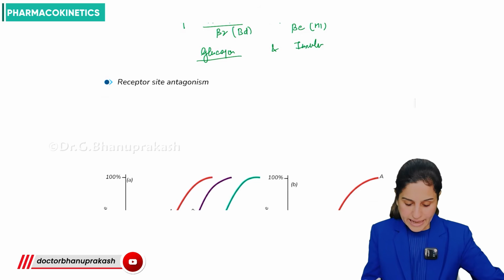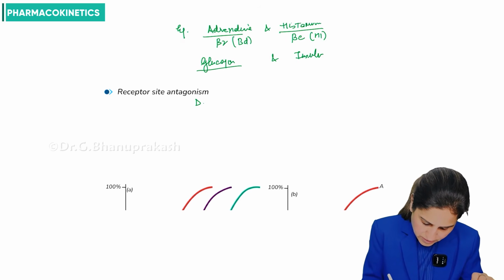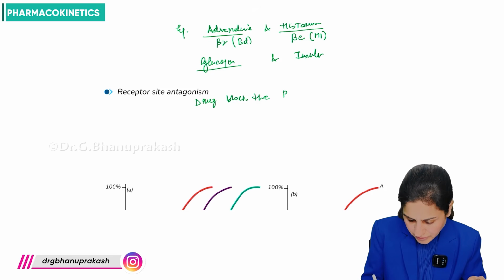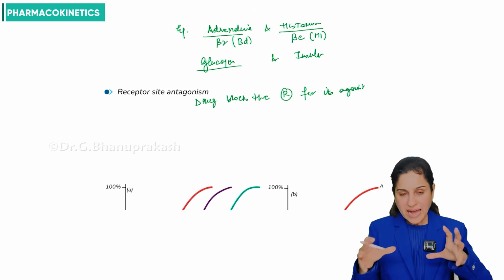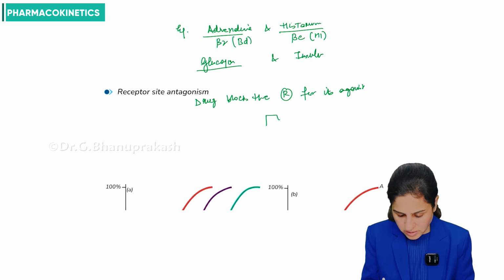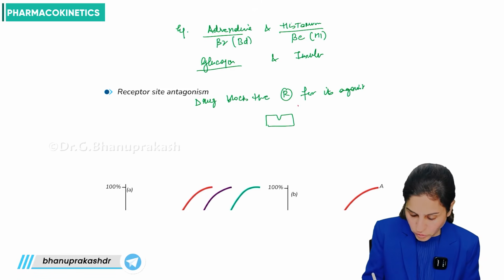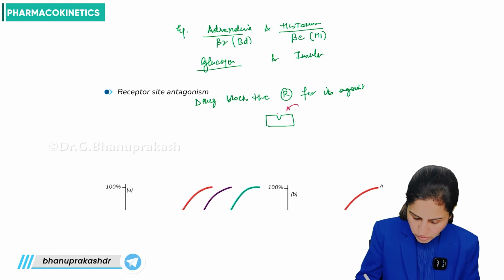Then receptor site antagonism. Now receptor site antagonism is simply that one drug blocks the receptor for its agonist. So the agonist is another drug and it acts on its receptor. So this is, let's say, the receptor. Normally an agonist would come and bind, but what is the antagonist going to do?